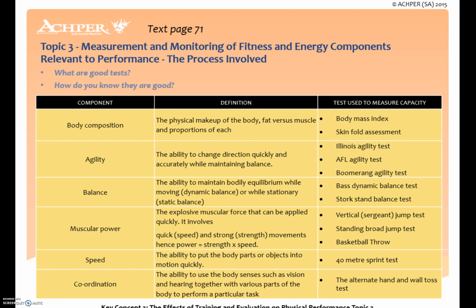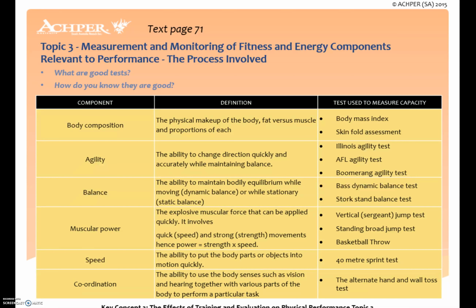These are other ones: body composition, agility with the Illinois agility test, balance, muscular power, speed, and coordination. Now, these tests are standardised fitness tests. So if you're answering something in an exam, you'd want to talk about standardised fitness tests. However, if we can control what we are doing, you can run any sort of test for any sort of sport.